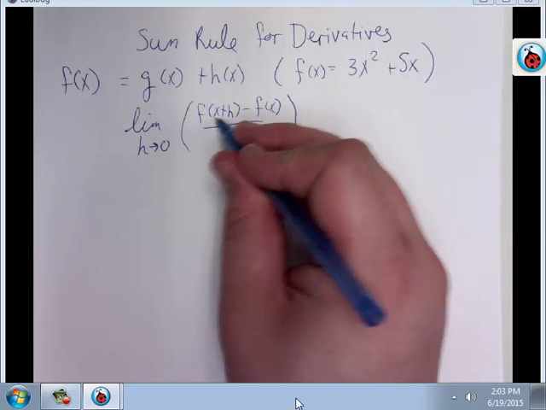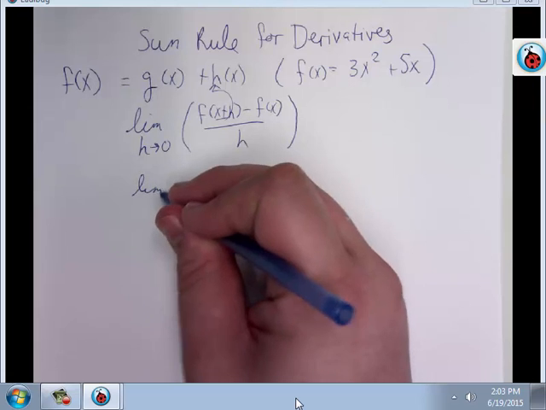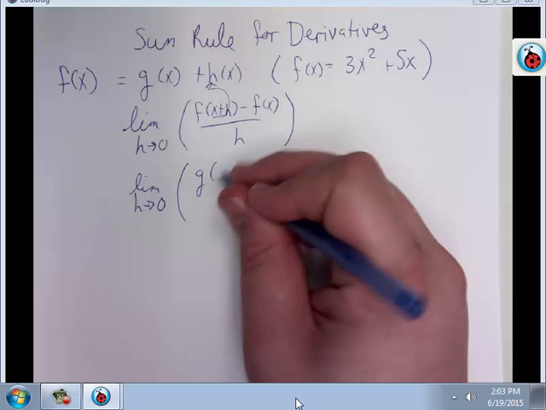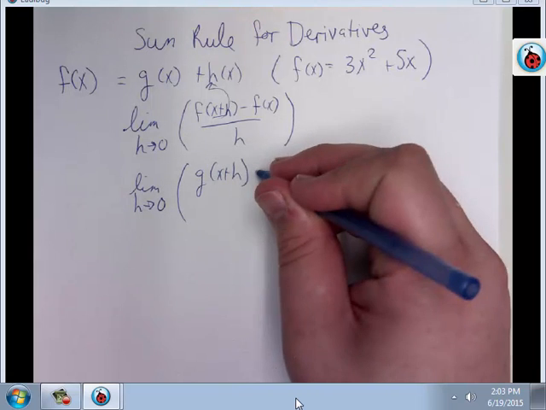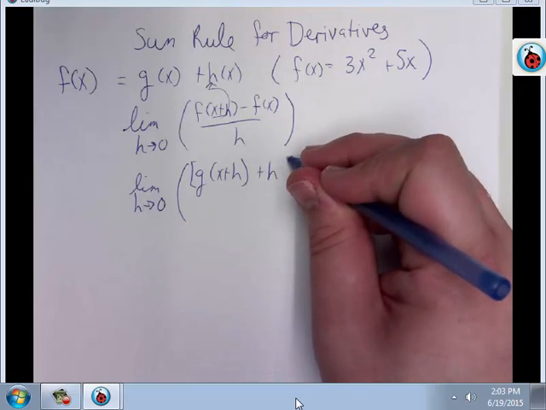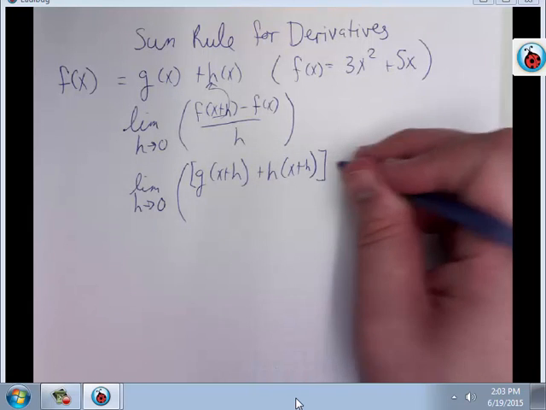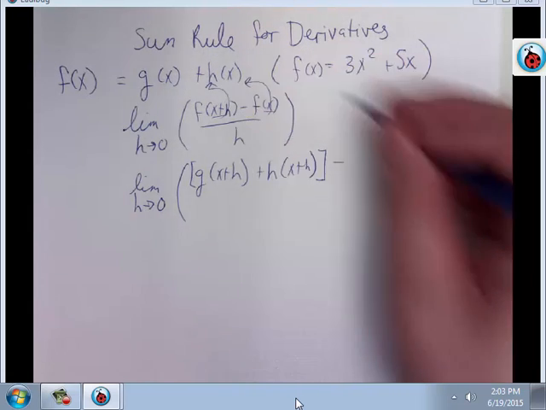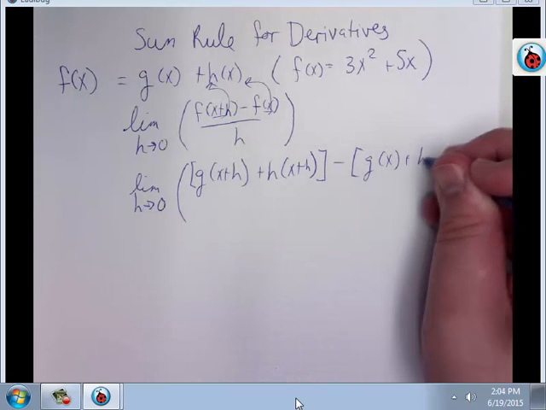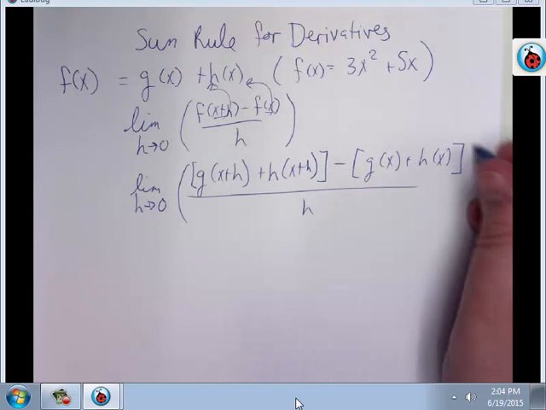Well, putting x plus h into here, we're going to get the limit as h goes to 0 of g of x plus h, I should put this in parentheses, plus h of x plus h, minus, putting f of x into here, we get g of x plus h of x, all over h.